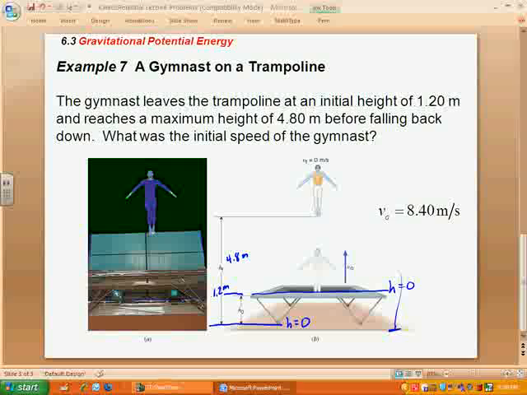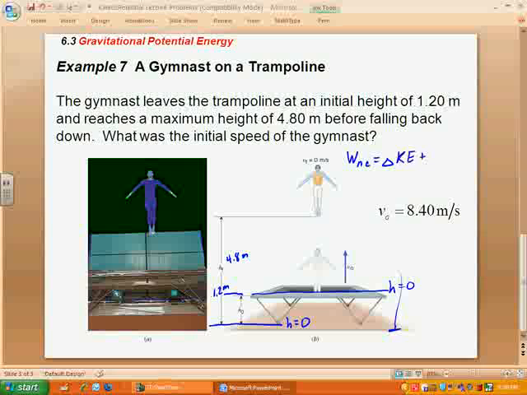Let's say that his initial position is right as he's leaving the trampoline. So that's the initial speed that it's looking for. Not when he's down at the bottom of the bounce, because that's obviously 0. What it's asking for is how fast is he going as he leaves the trampoline. So that's going to be the initial velocity that we look for, at the initial height here.